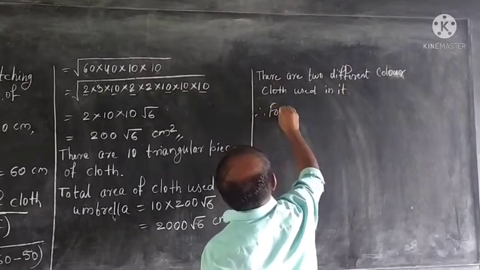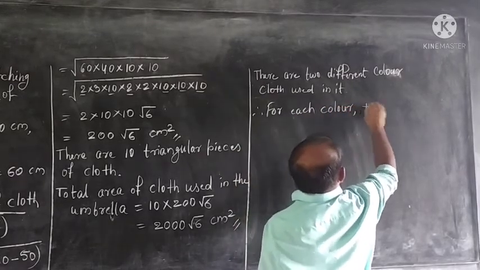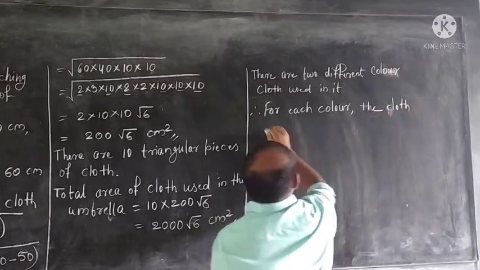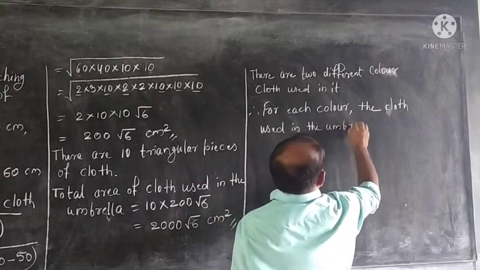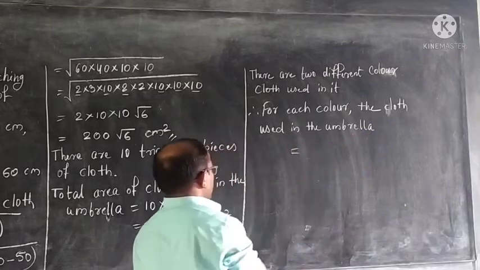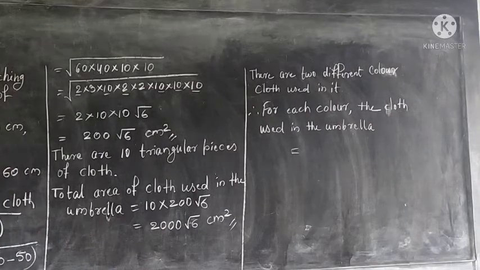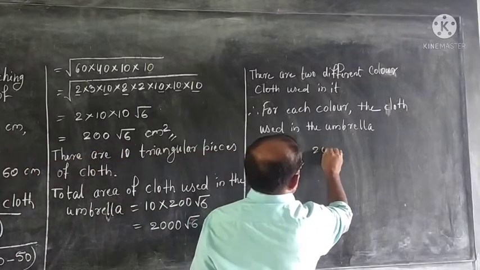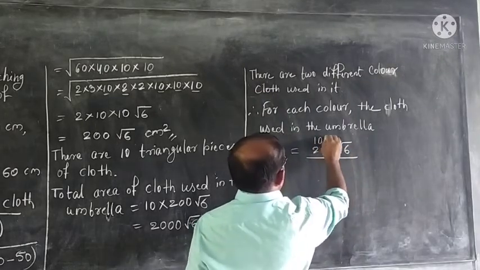Therefore, for each color the cloth used in the umbrella will be: 2000 root 6 is for 10 pieces and there are 2 colors, that means 2000 root 6 divided by 2, 2 ones are 0 0 0.